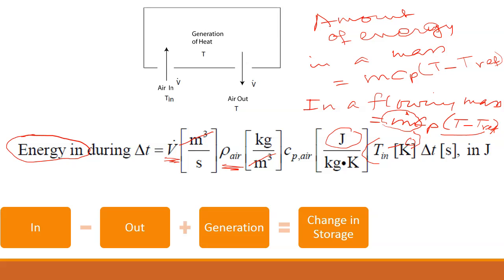The T reference, we have taken to be 0 conveniently. There is no reason that this should affect our calculation. So all of these together is in joules per second, and multiplied by delta T in seconds gives me joules.